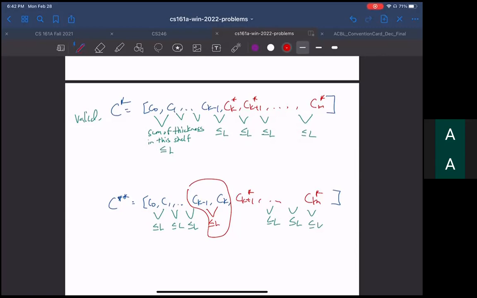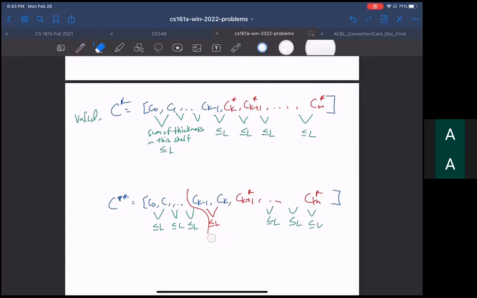Our algorithm is not going to choose a CK unless all the books before CK, like the book right before CK, fit into the previous shelf, right? All the books from CK minus 1 all the way up to, but not including, CK have to fit in one shelf because our algorithm chose CK minus 1 and CK, and our algorithm always checks if it fits before it sticks the book in there.